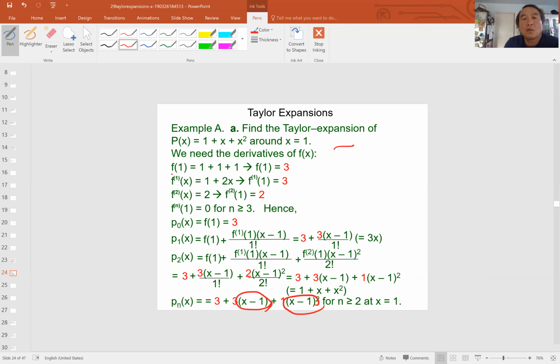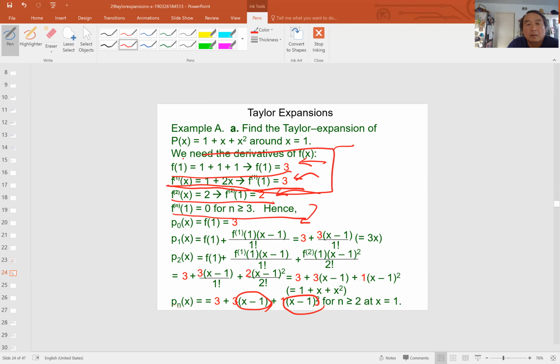Go by the Taylor formula, and you take the first derivative. You plug in 1 first, then you find the first derivative and plug in 1. Calculate the second derivative, plug in 1, and the third derivative and beyond are 0. So when you formulate the Taylor polynomial, it stops right here, right?